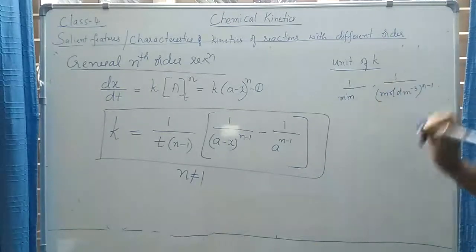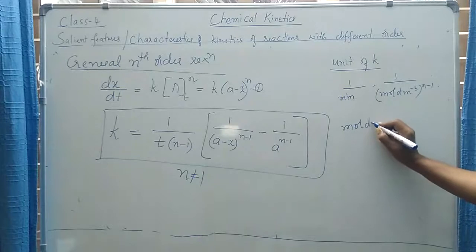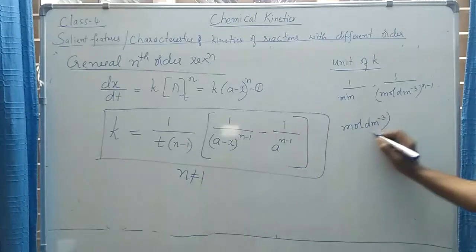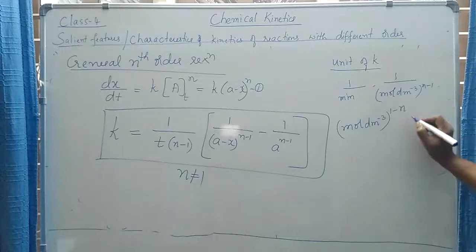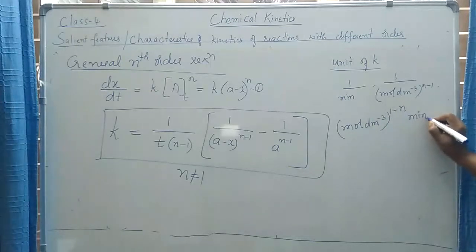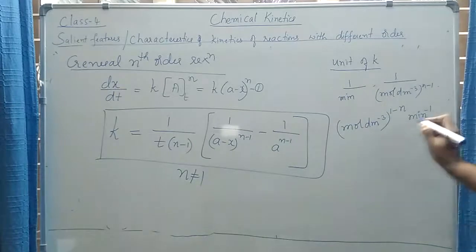So if everything is taken to the numerator, it becomes mole per dm cube to the power 1 minus n, minute inverse.